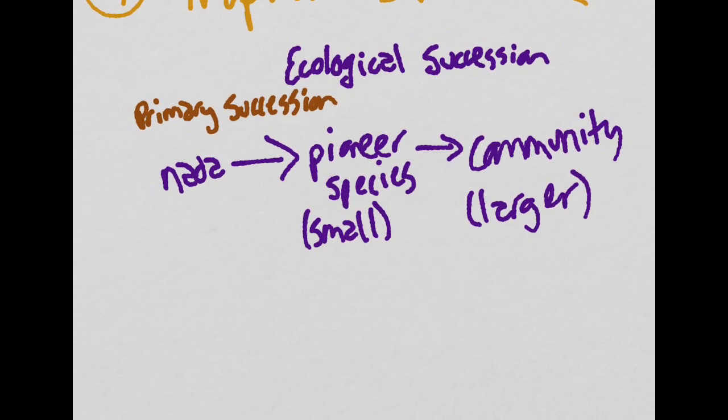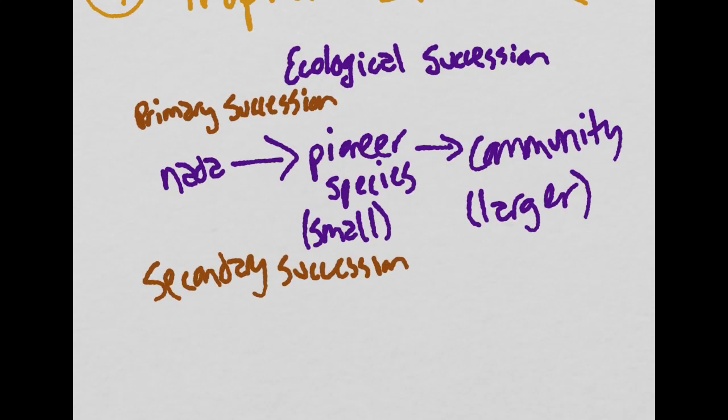Now, these will consist of larger species because once the pioneer species have taken root, it will start to allow for a more habitable environment. Animals will come because plants attract animals, and the community will grow in complexity, and the species in it will become more complex, more large, etc.